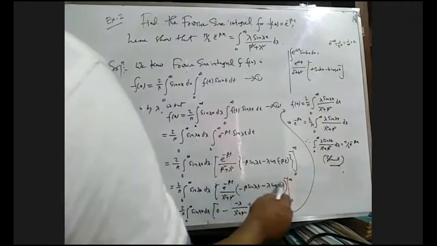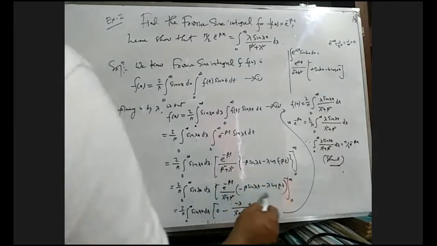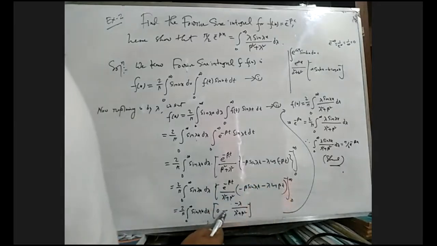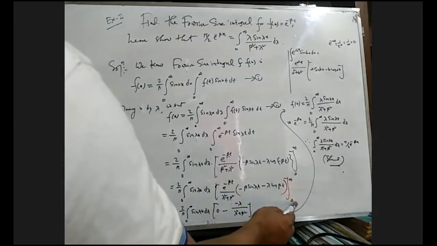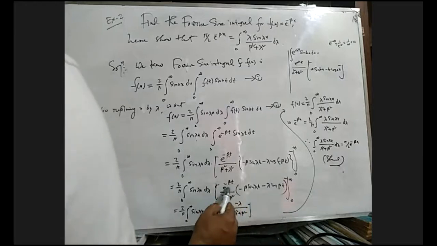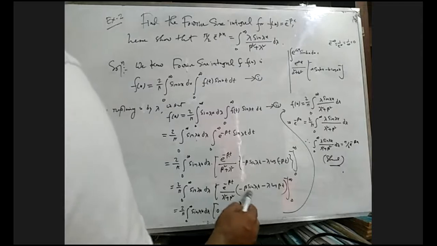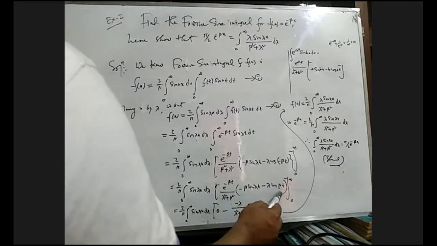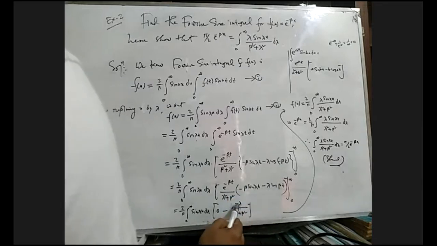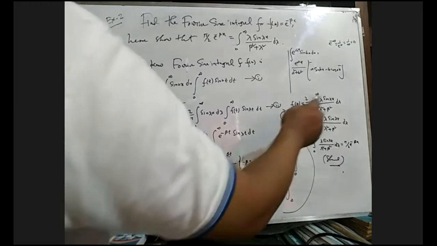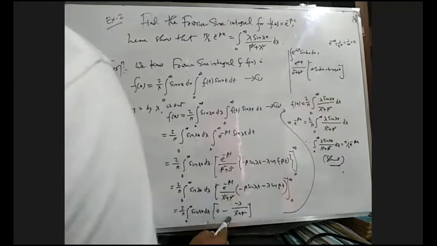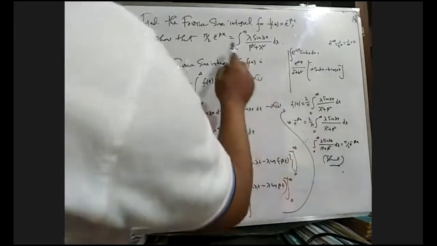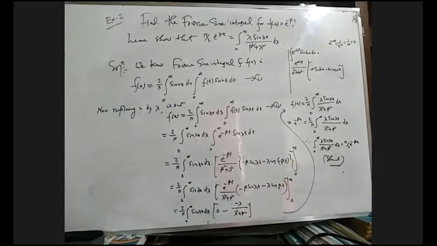So this whole term after putting t equals to infinity we get 0. Minus, putting lower limit t equals to 0: e to the power 0 is 1, sin 0 is 0, but cos 0 equals to 1. This is why we get 1 into lambda minus lambda. Just multiplying this and this, we get the required result.